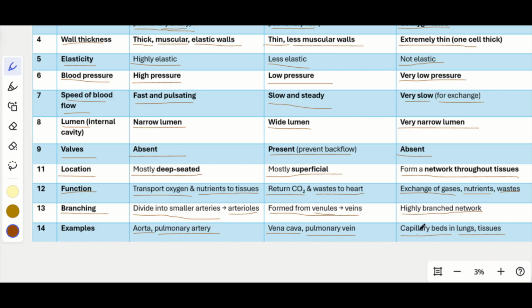And also, while we are taking blood for blood tests, which blood vessel do we select? Arteries, veins, or capillaries? What do you think? Basically, we'll be selecting the veins only. Because it is very easy to identify and also it is very safe to take blood from the vein.